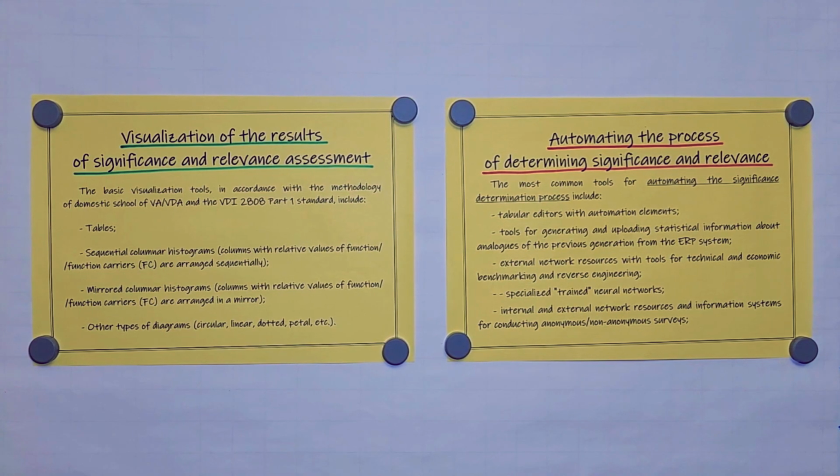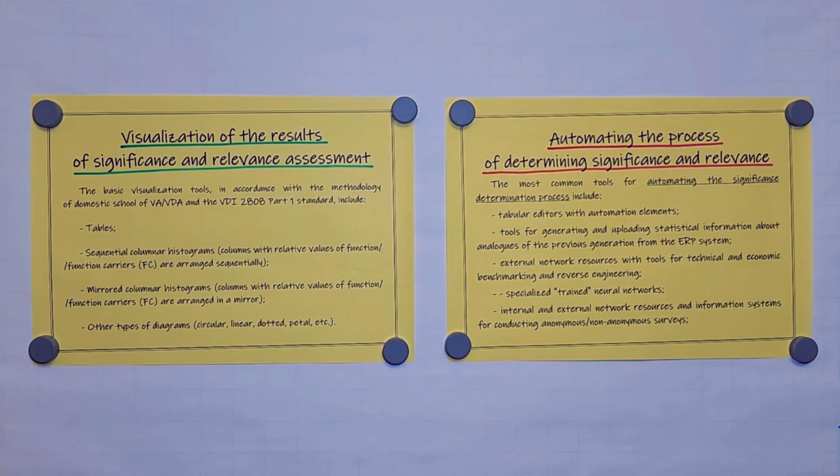In our course, we mainly use the classic type of visualization in the form of columnar sequential histograms. In addition to consecutive columnar histograms, mirror bar charts are often used in the domestic school: diagrams in which one or two relative or absolute parameters for one function or function carrier are reflected mirrored relative to the axis.